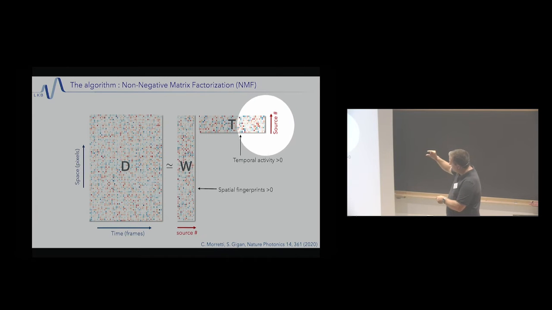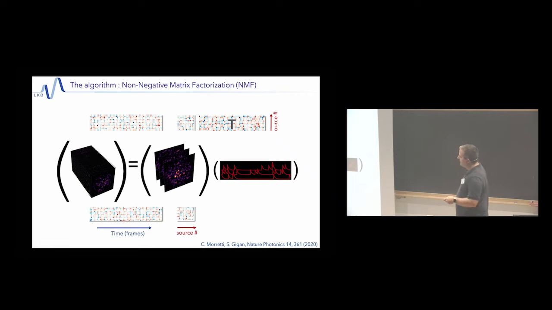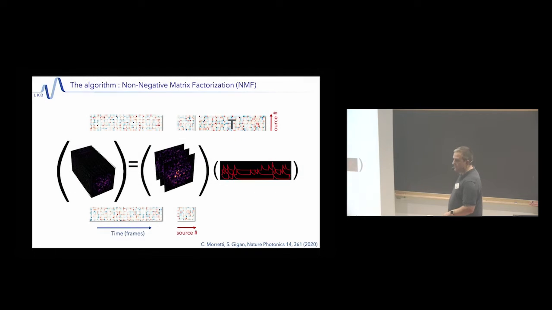Now the dimension of these matrices is just the number of sources, which is much smaller than the number of pixels and frames. So basically you take this movie, and I'm again grateful to Jacopo for the animation, and you factor it into two small matrices, one being the fingerprint from each emitter, and one being the temporal activity.